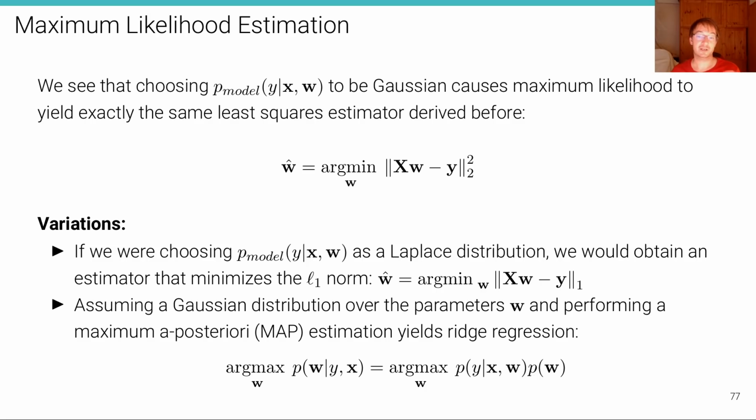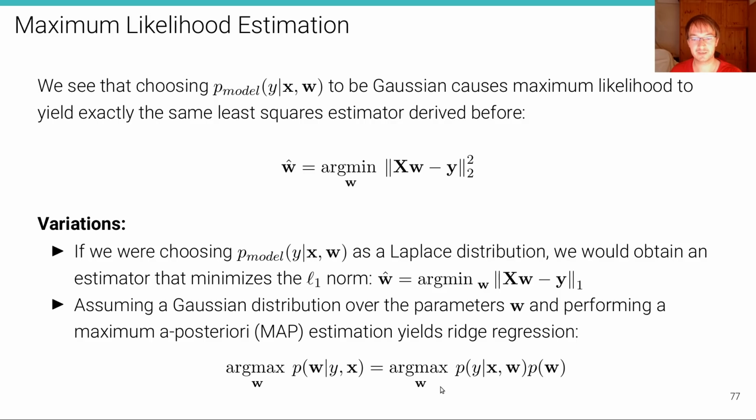There are various variations thinkable here. If we were choosing the model distribution as a Laplace distribution, we would, for instance, obtain not a least squares expression, but a minimizer of the L1 expression. So you can see here the L2 norm has been replaced by the L1 norm. Or otherwise, in addition to the Gaussian distribution over the observations, assuming a Gaussian distribution over the parameters w and performing a maximum a posteriori estimation as shown here.